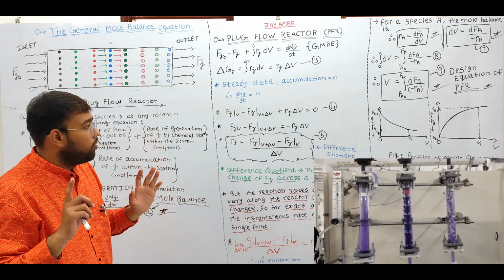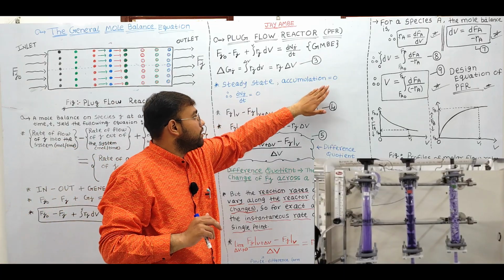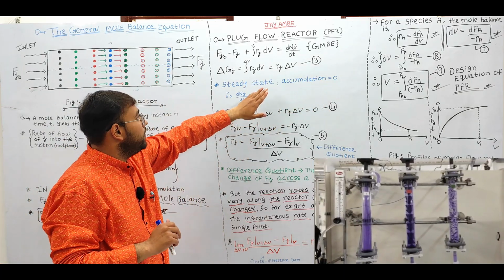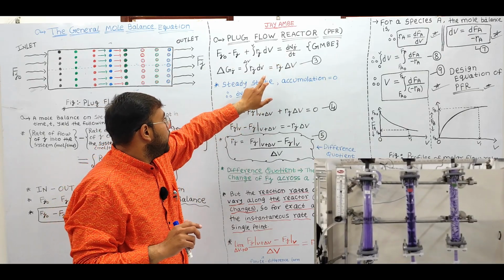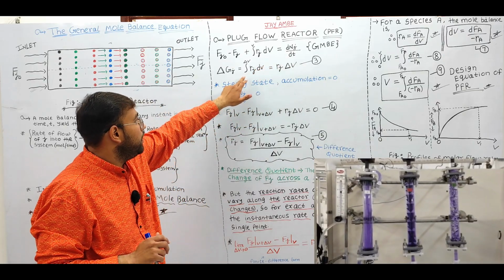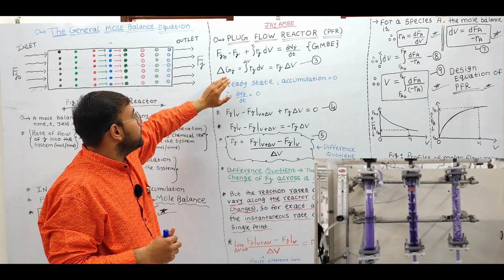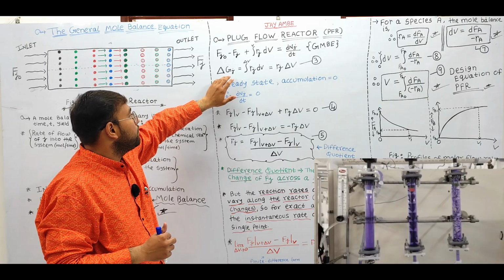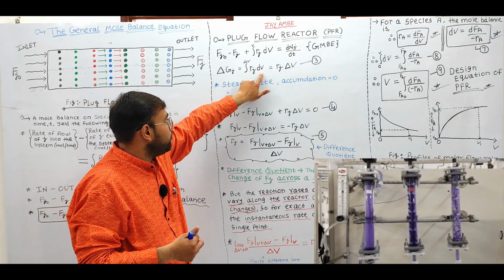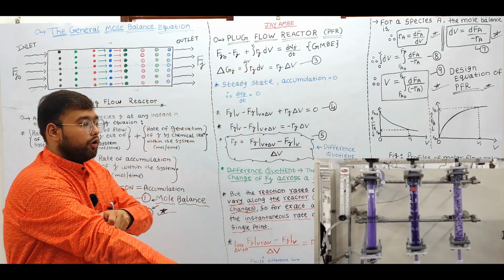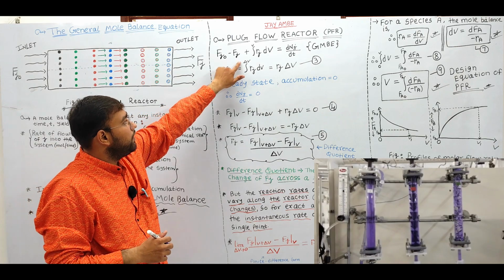We are accounting for steady state operation, which means the accumulation term is equal to 0, due to which dNj by dt will be equal to 0. The generation term can be represented as delta Gj, the rate of generation, which can be understood as the integration of rj dV over the volume delta V. Now why are we writing delta V here?